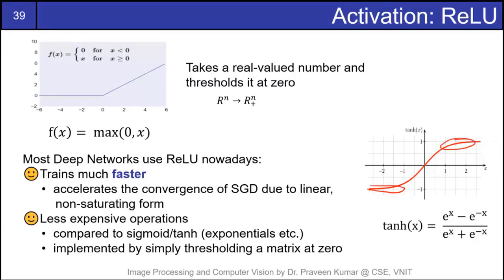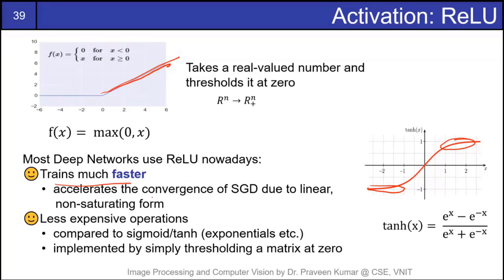When the gradient is at these saturated locations, the gradient becomes very low. It slows down your training, because your gradient starts vanishing, the vanishing gradient problem, which I think you must be aware of. Whereas in ReLU, because it's a linear curve, the gradient remains the same at all locations, and so it trains much faster.